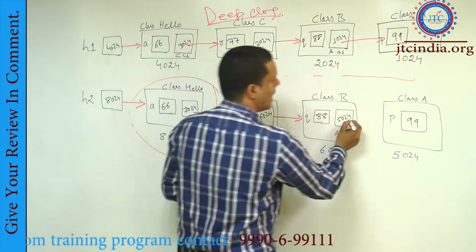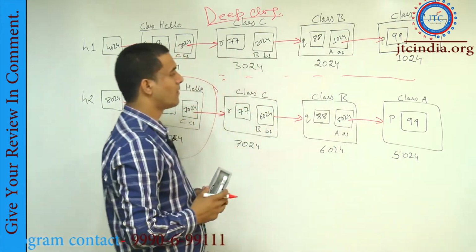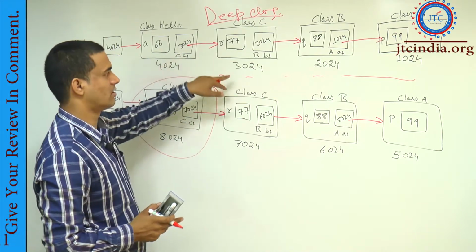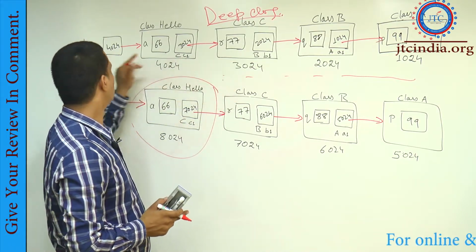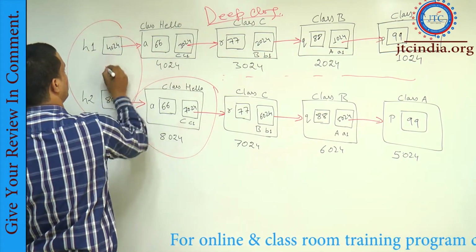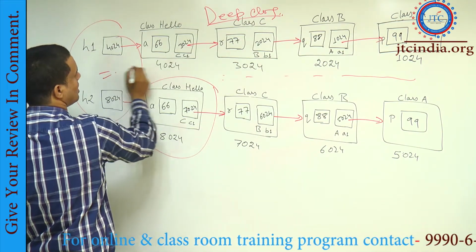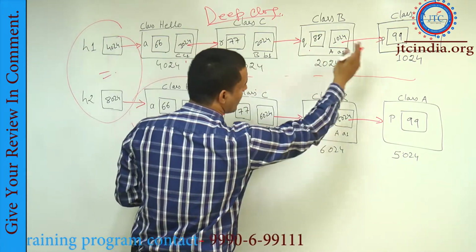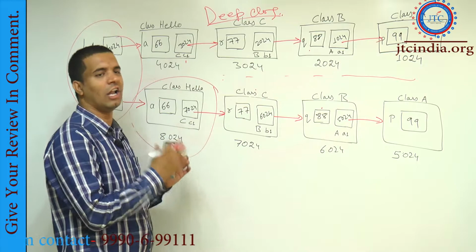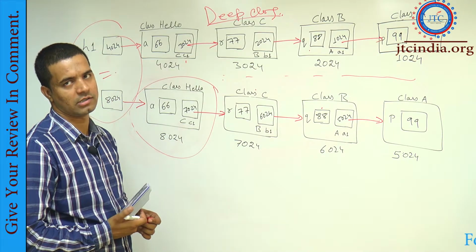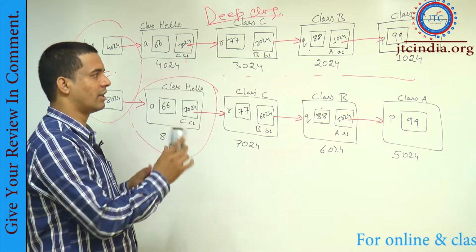When you check h1 is equal to h2, both are going to return false, and all the others are also going to return false, because all of them allocate separate memory. Hope this is getting clear.